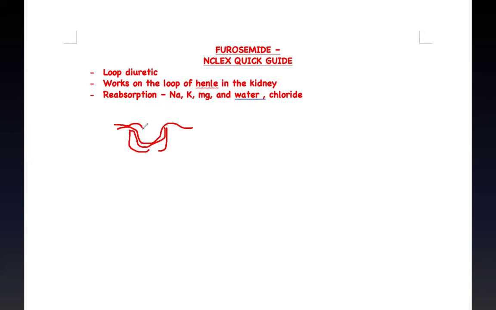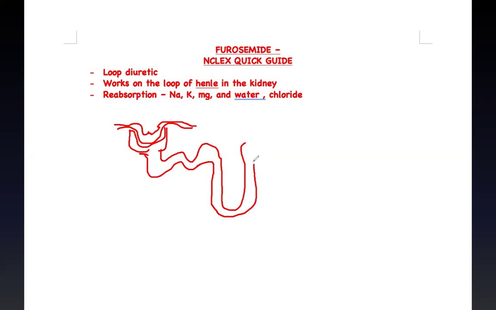This is the afferent arteriole, this is the efferent arteriole, bringing blood that gets filtered. And the capsule changes into what we call the proximal convoluted tubule, like that. Then it forms the loop, the loop of Henle, coming like a U, and this is the distal convoluted tubule, and then it turns into the collecting duct.